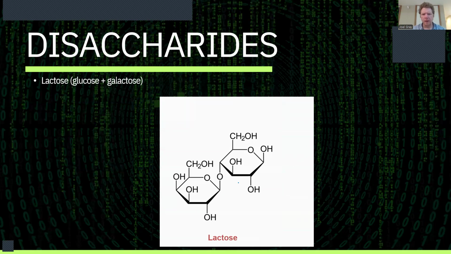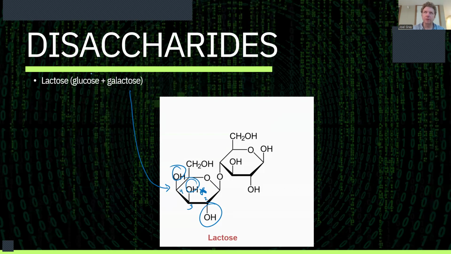On the left-hand side, what do we have? In this sugar, which one is this? Carbon number 2, 3, 4. You might have been tempted to say, oh, that's glucose, but you've got to look at the positions of those OH groups. Down, up, up. So this is galactose.